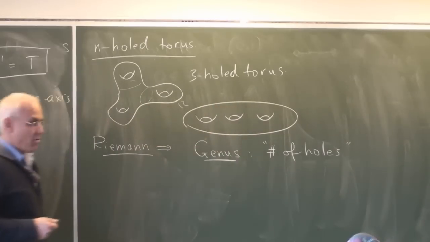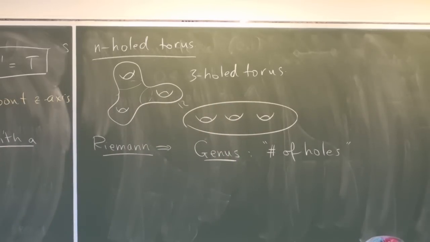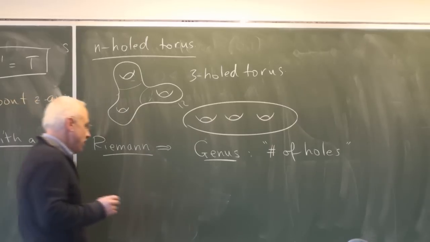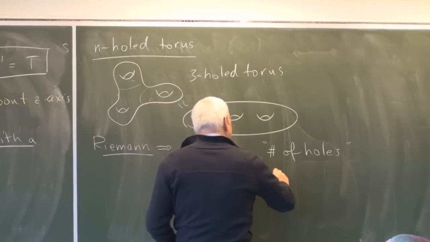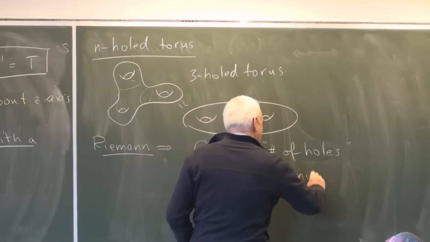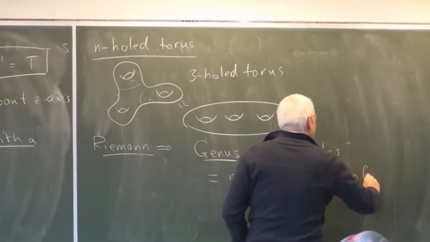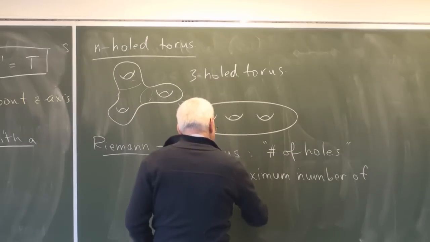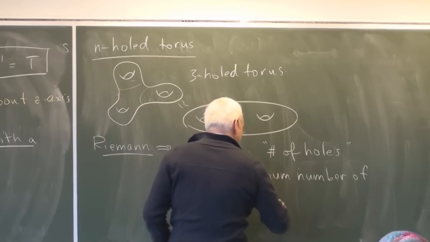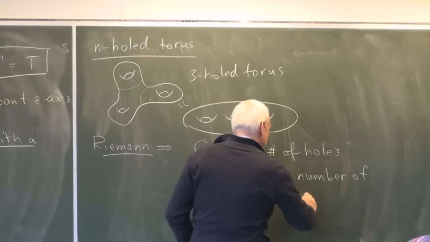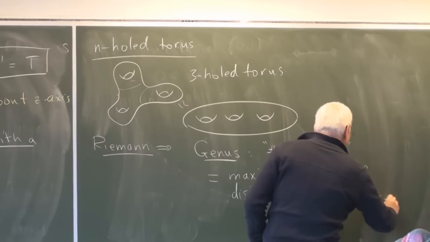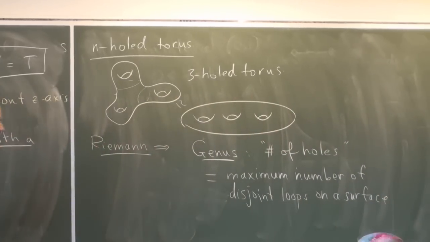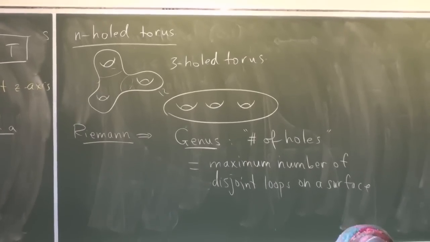But a slightly more careful definition is: the genus is the maximum number of disjoint loops on the surface that you can draw so that things are still not disconnected.